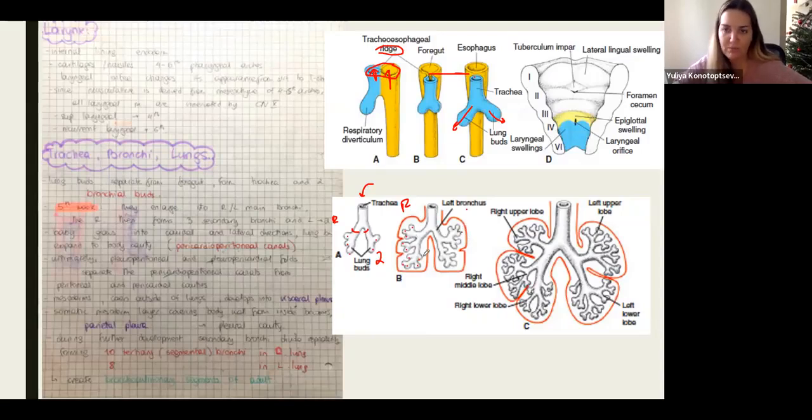And you remember how they are positioned, right? In the upper lobe of the right, we have 3, middle 2, lower 5. 3, 2, 5. In the left lung, we have 5, 5. So in the upper left, 5, in the lower left, 5, or according to anatomy, 3, 5. Okay, so that's the part that is important.